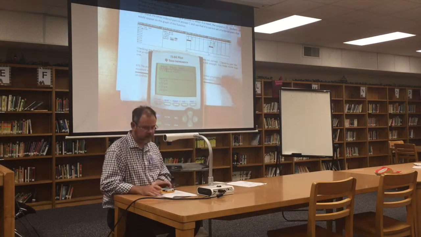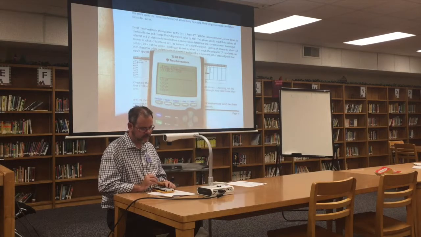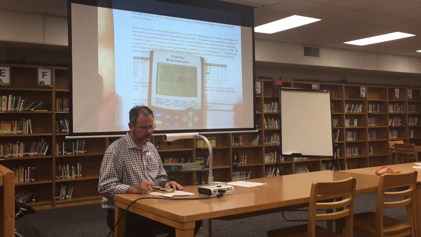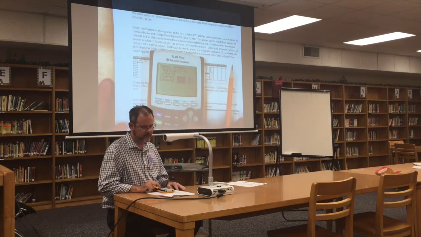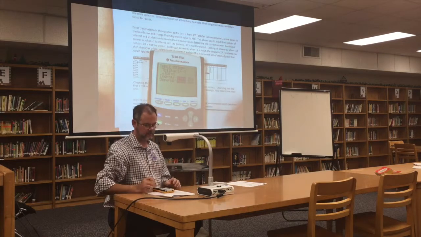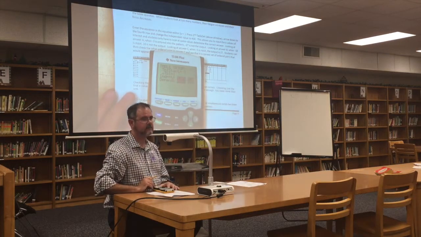Then it says to go to table set. Table set is right here by Windows, in blue, so you press second and that blue key. If you change the independent variable, independents are your x's, change that to ask.